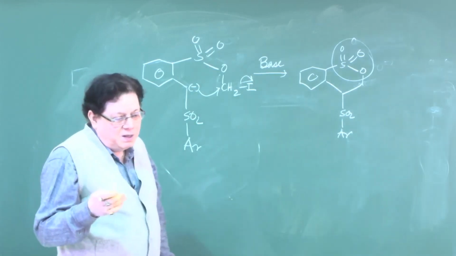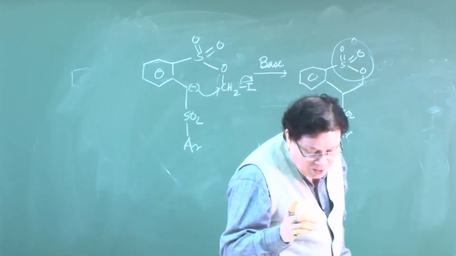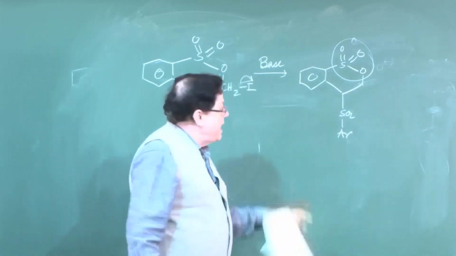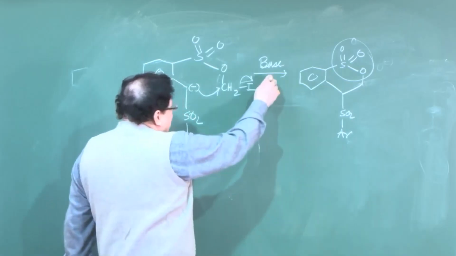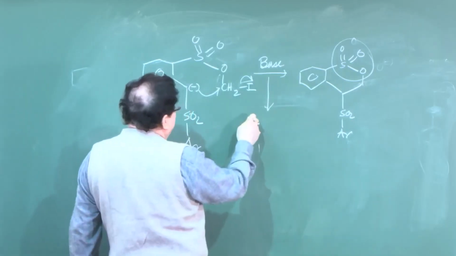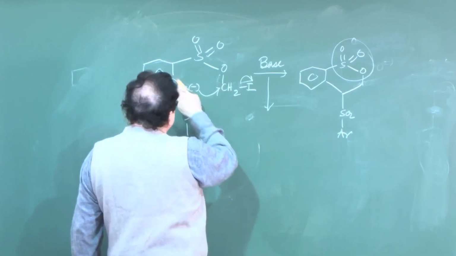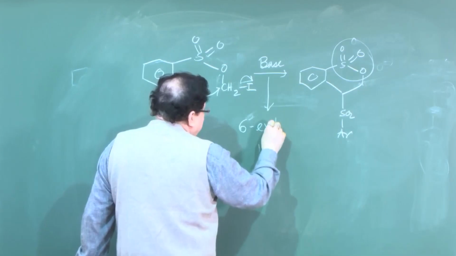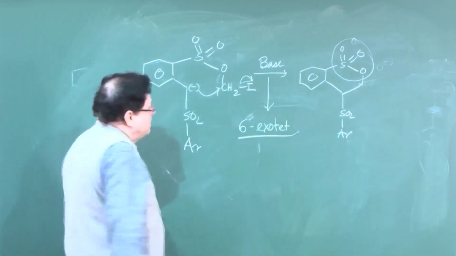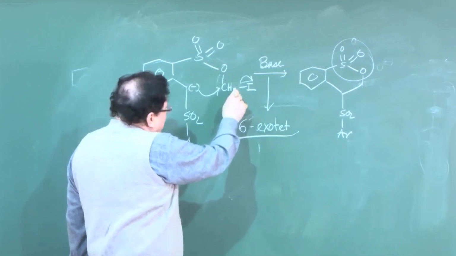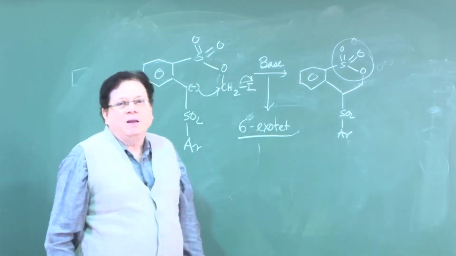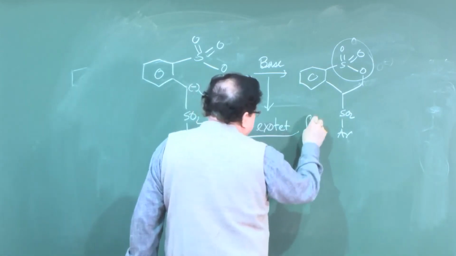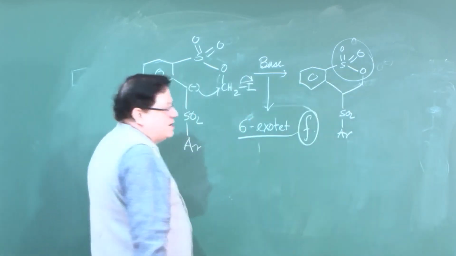Iodide is a good leaving group, that is number one, and number two is that this reaction is allowed by Baldwin's rule, because this will be now a 6, 1 2 3 4 5 6, so 6 exo-tet cyclization. The electrons are flowing outside the ring that is being formed. So, it is a 6 exo-tet which is favored. That is why that reaction took place.